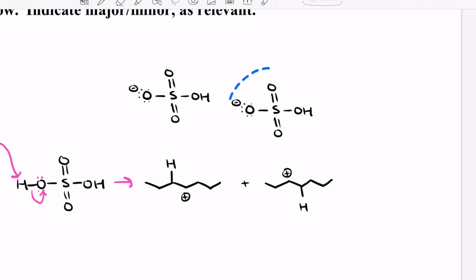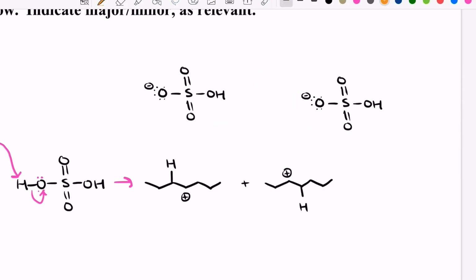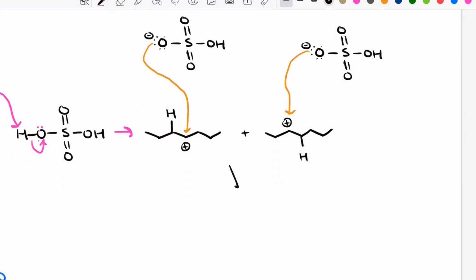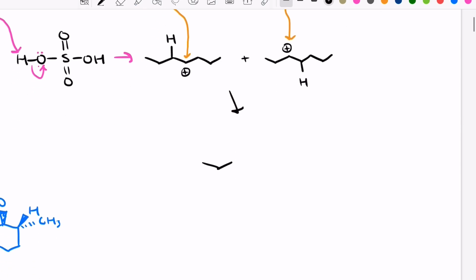Perfect. So from here, all you have to do is take your nucleophile and attack your electrophile, which is right there. And we do the same thing on this side. Alright, so our products are going to be this. And this.